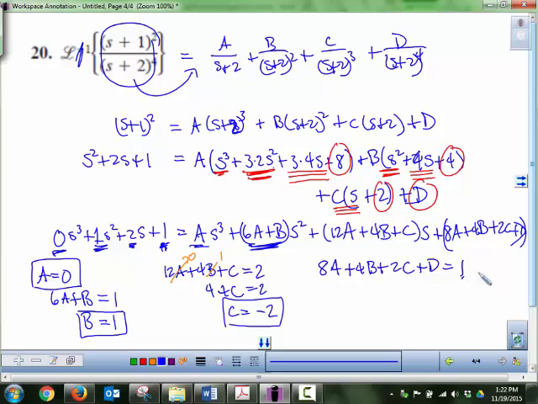We know that A is equal to 0, B is equal to 1, C is equal to negative 2, and we're solving for D. So we got 4 minus 4 plus D equals 1, D equals 1.